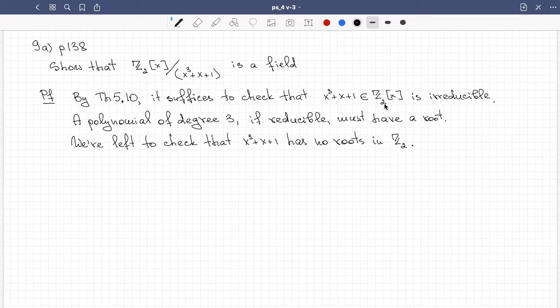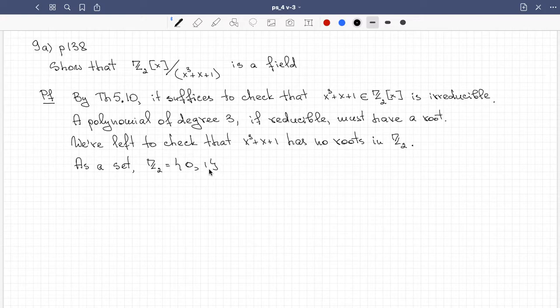The field as a set is very simple. It has only two elements. This is a minimalistic example of a field. So as a set, Z2 consists of two elements, 0 and 1. 0 is the class of 0 modulo 2, all even numbers.